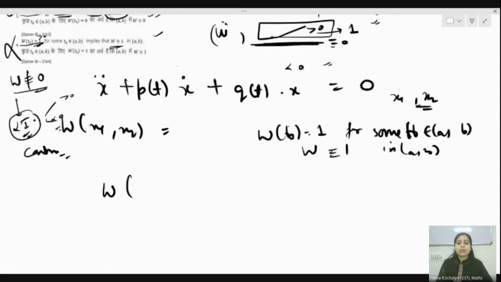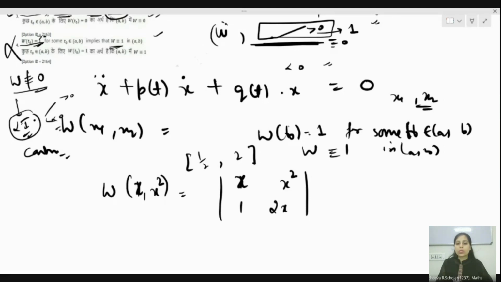Suppose you are to find the Wronskian of 1 and x in the interval a to b, that is 1 by 2 to 2. Writing 1 here, x here, and their derivatives, x and x square, the derivative of x is 1 and x square is 2x. It will give you 2x square minus x square, that is x square.